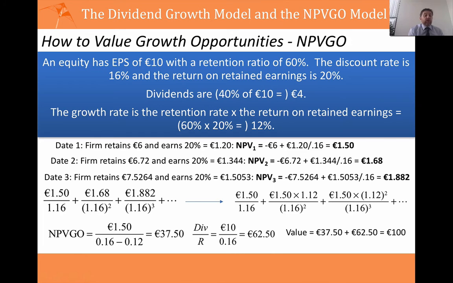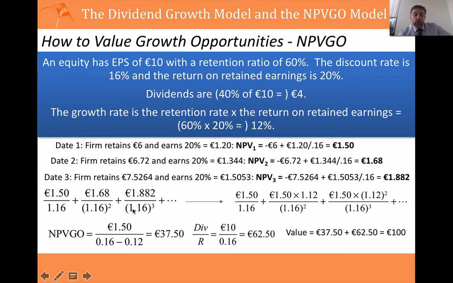What's the net present value of the growth opportunities today? Then we need to discount each of these net present values that take place in the future by the discount rate. So you see at time 1, it's €1.50 divided by 1.16. At time 2, it's €1.68 divided by 1.16 squared, and 1.882 divided by 1.16 cubed.